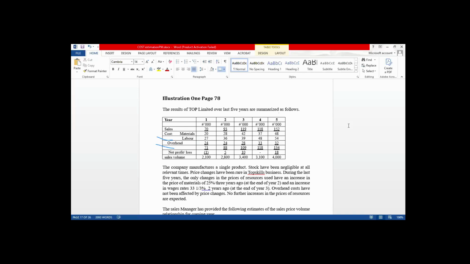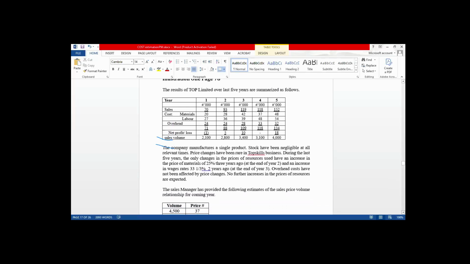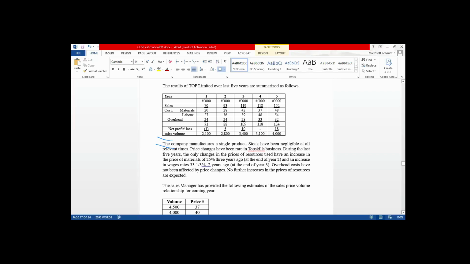You have the material cost given. You have the labor cost given. You have the overhead cost given. You have the net profit. And you have the sales volume.